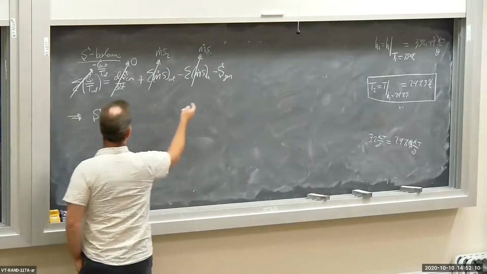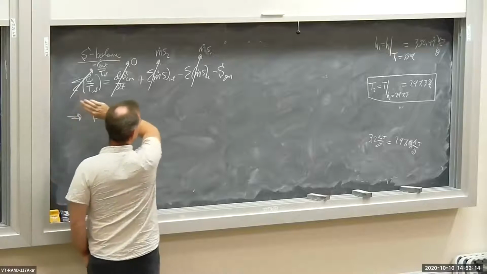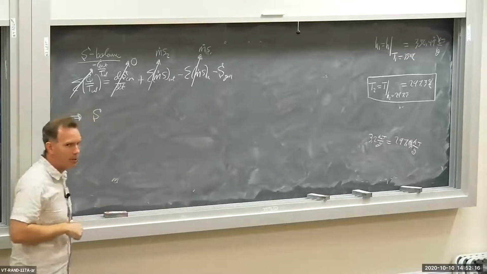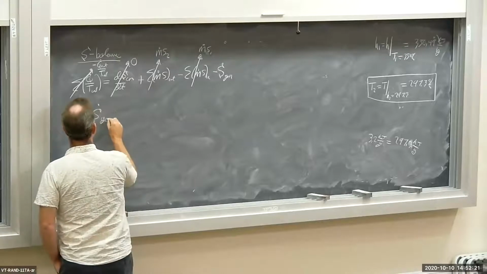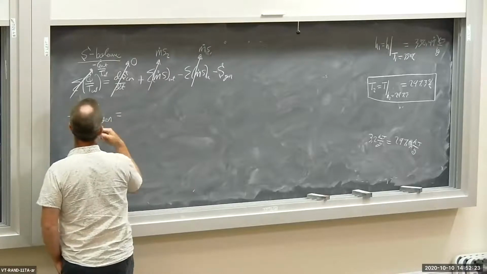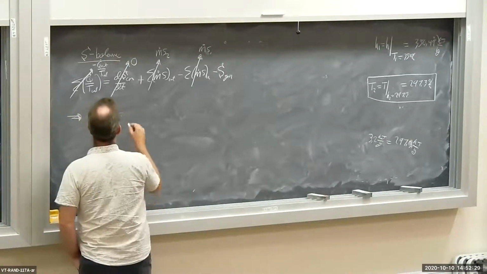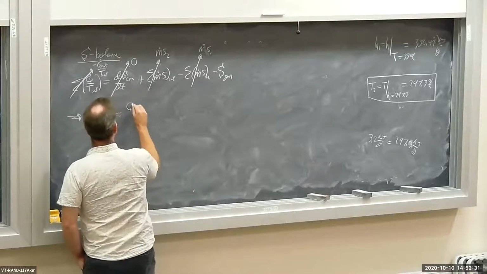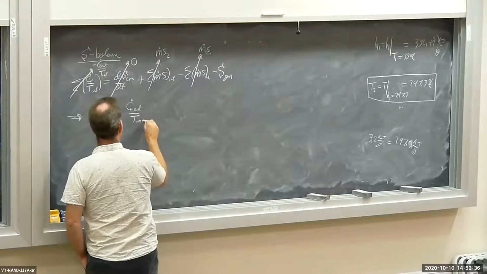I'll take the S dot gen and put it on the other side of the equation, and I'll take the heat transfer term and put it on the right-hand side. So I will have S dot gen, the rate of entropy generation inside my nozzle, equal to Q dot out over the interaction temperature.